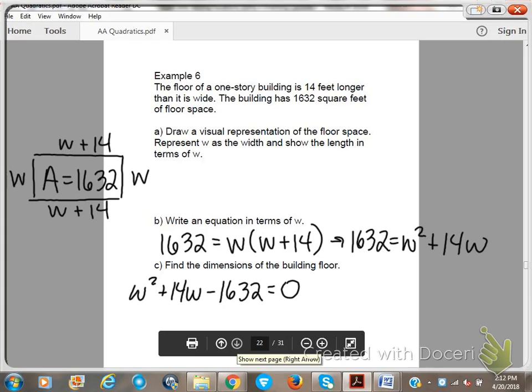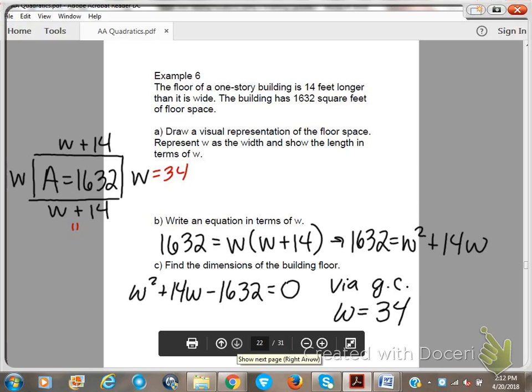Okay, so I did mine via the graphing calculator, and I got W to equal 34. Is that enough? Are we done with this problem? No, that's the width. What do we still need? The length. Okay, so if our width is 34, add 14 to it, and that would give you 48.